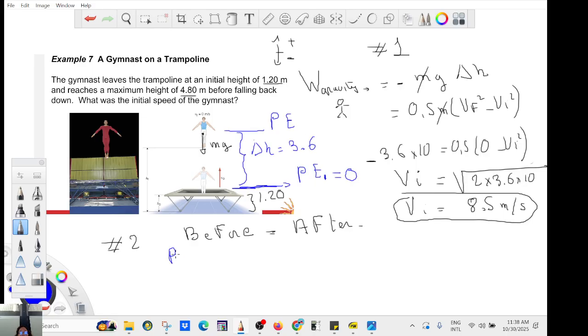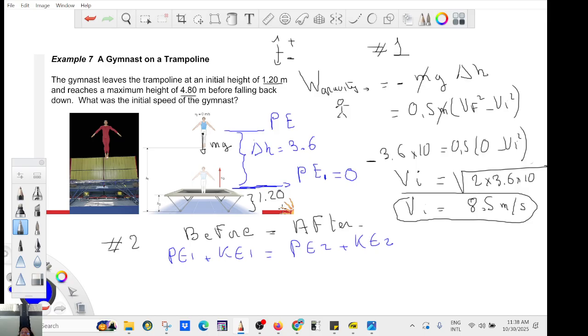So before, we have potential energy plus kinetic energy. This is only conservative forces being involved. There is no friction, there is no thrust. Potential energy after. So before, there is no potential energy if I take it to be 0 here. You don't have to. You can take it 0 there. You will get the same thing, but you have to decide.